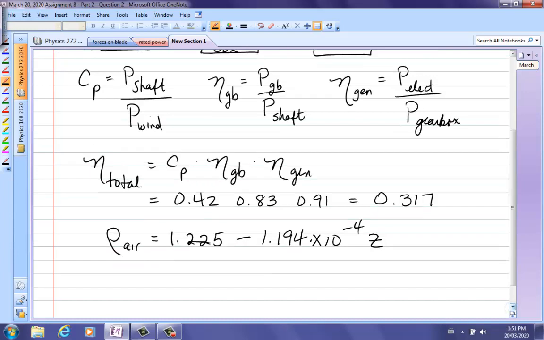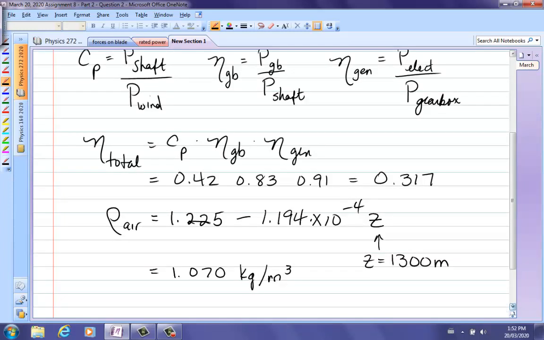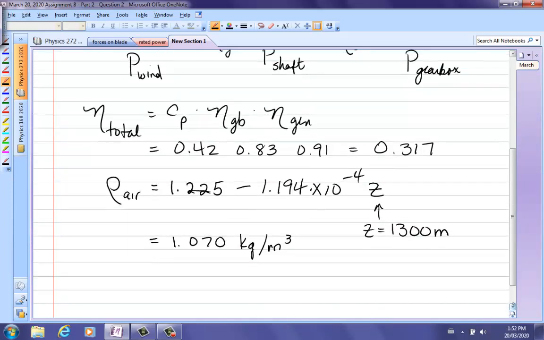So we put 1300 meters in there for Reno, Nevada, and we come up with a density of air of 1.070, as we expect, less dense at higher elevations, and that is kilograms per cubic meter. Okay, and the power in the wind is directly proportional to that density.